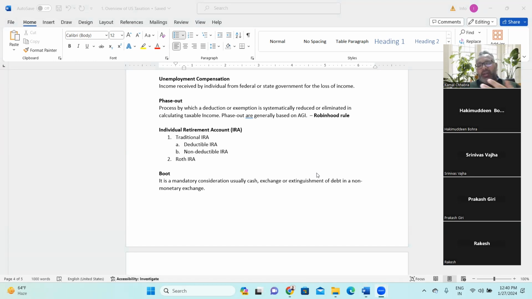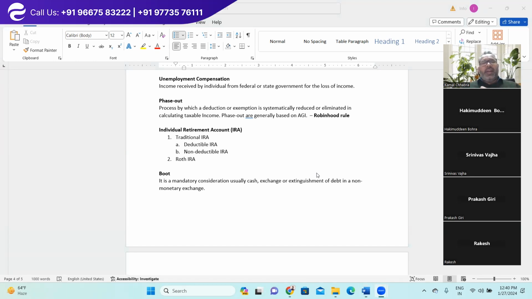For example, let's assume you are living in Bangalore and I live in Delhi, right? I have a piece of land here in Delhi and you have a piece of land in Bangalore. Your piece of land, let's assume, has a value of $1 million and my piece of land has around $900,000 value, right?